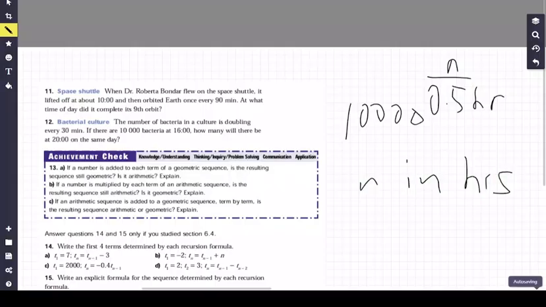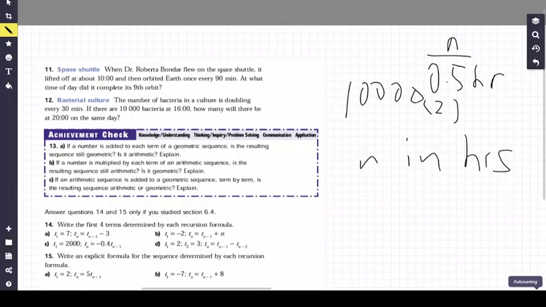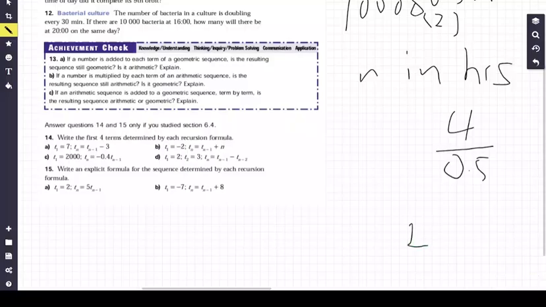Note that there is a 2 here to raise to this power. So we look at it and we're like, okay, from 20 minus 16, that's 4 hours, right? 4 hours, so 4 over 0.5, that is 8 doubling periods. So 2 to the power of 8 multiplied by 10,000, that's what you want to be solving for right here.